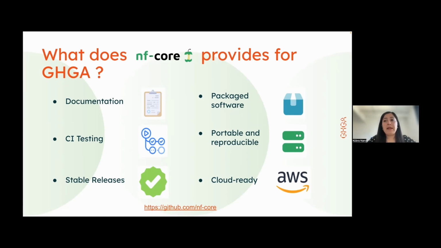And they are releasing their code through GitHub repositories, and they have continuous integration tests there, meaning that anytime a change is made to the pipeline, it triggers a continuous integration test, ensuring nothing is broken, and only successfully finished tests can be merged.